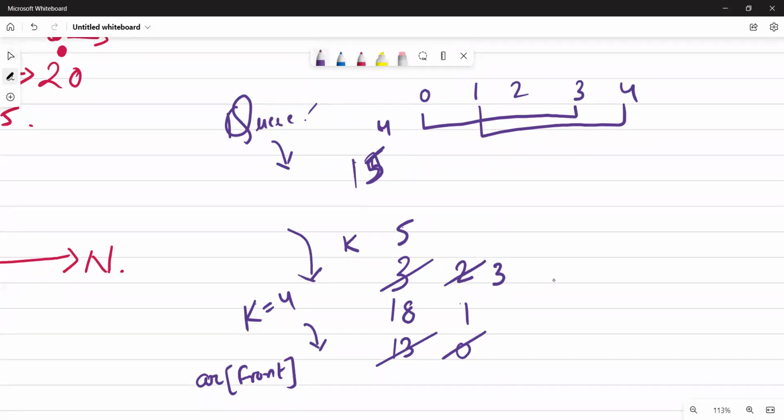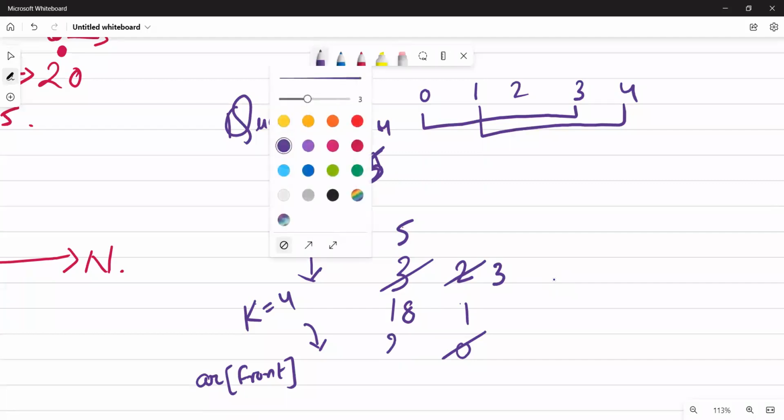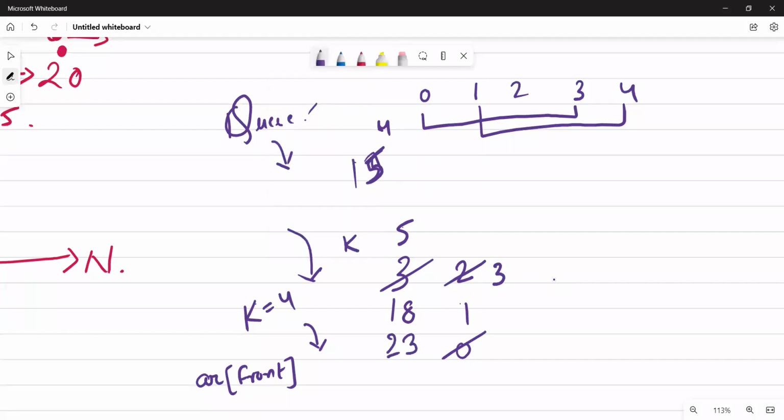Okay, take it this way, you will be able to get it better. Suppose the first number was 23. You inserted 23, 18, 3 and 5. 3 you popped out and then 5 is there. What is the maximum element since you inserted 4 numbers? 23. Now the coming number is 15.